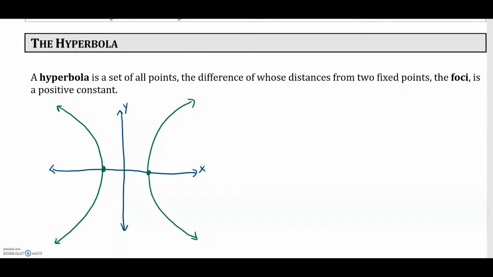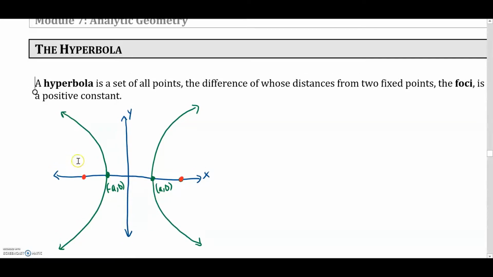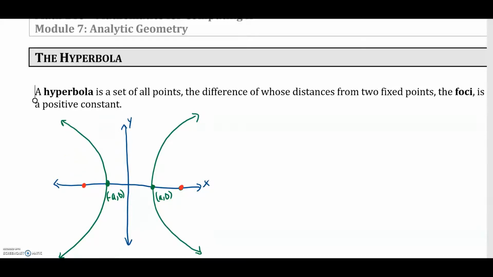If these vertices occur on the x-axis, we would label them as minus a, 0, and positive a, 0. Each of these sides of the hyperbola also have a focus. We can label these as F1 and F2, which would be the points c, 0 and negative c, 0.